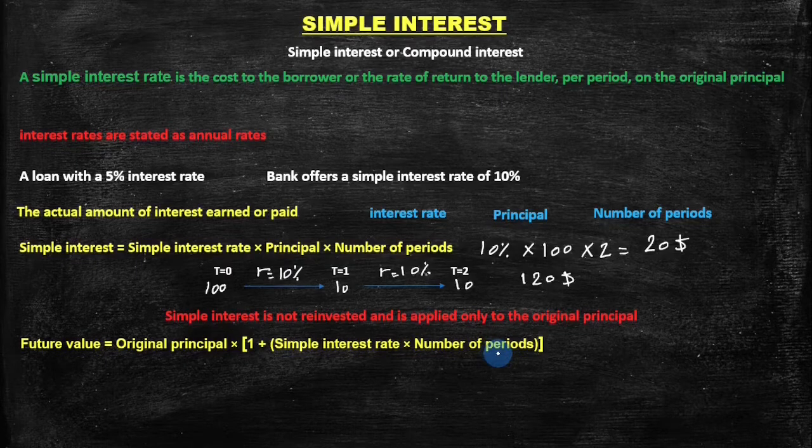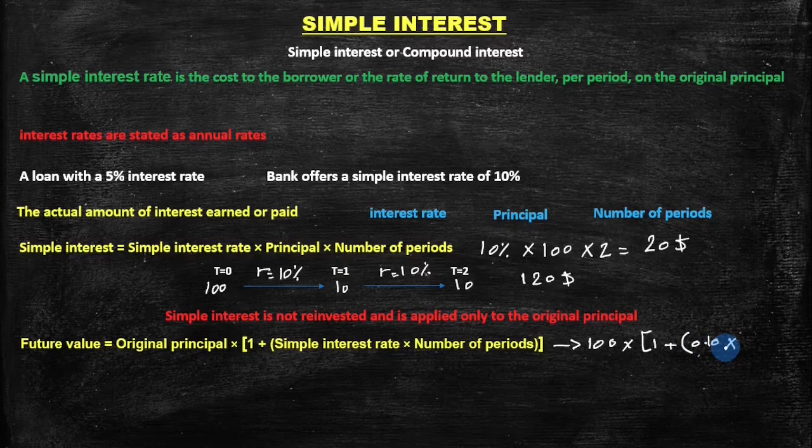So that means, in this case, your original principal, let's go with this one, still $100 multiplied by 1 plus the simple interest rate, 0.10, which is 10%, multiplied by the number of periods.